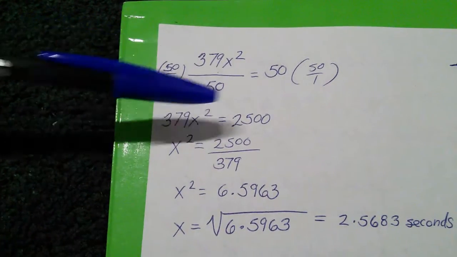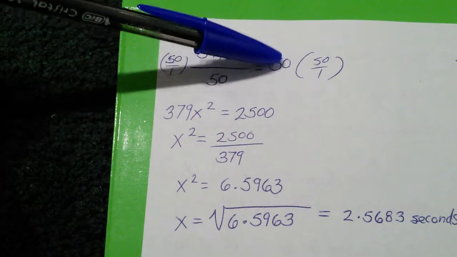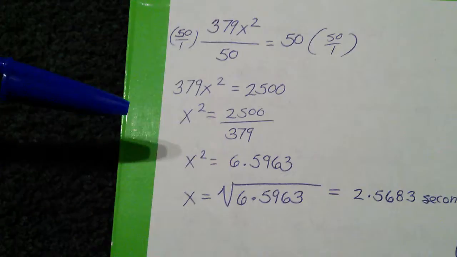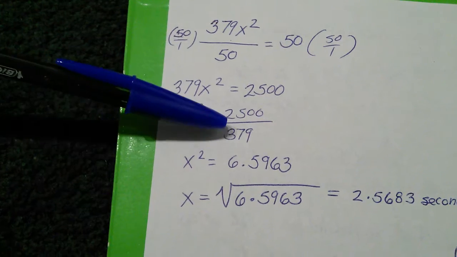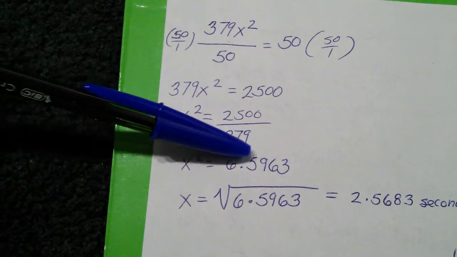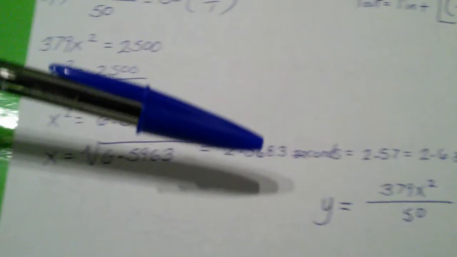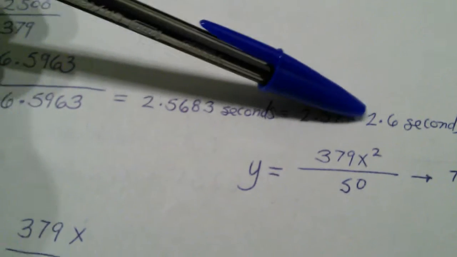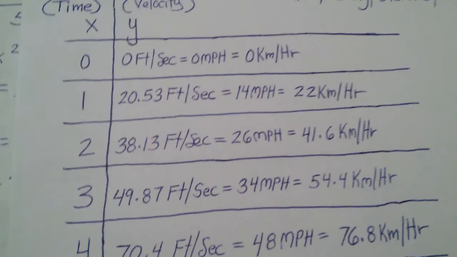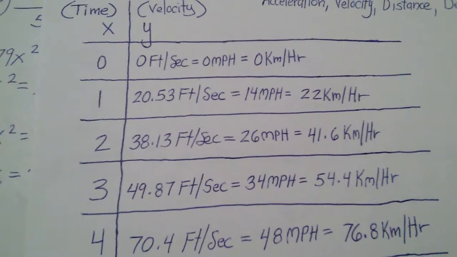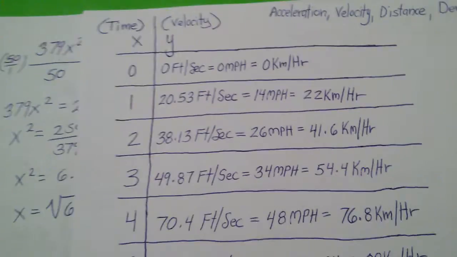You get 379x squared is equal to 2500, since 50 times 50 is 2500. Then it's just the square root of this fraction here. So at 2.6 seconds, this car will reach exactly 50 feet from the starting point.